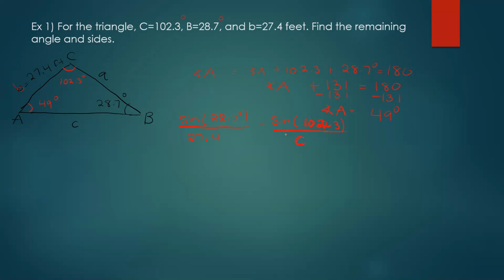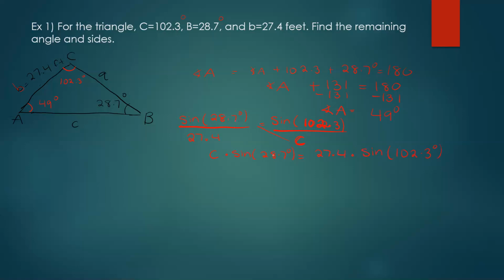So we can find the missing c. All you do is cross multiply: c times sine of 28.7 degrees equals 27.4 times sine of 102.3.